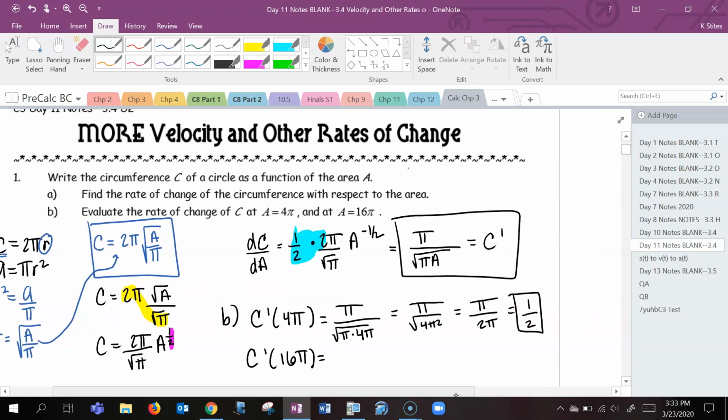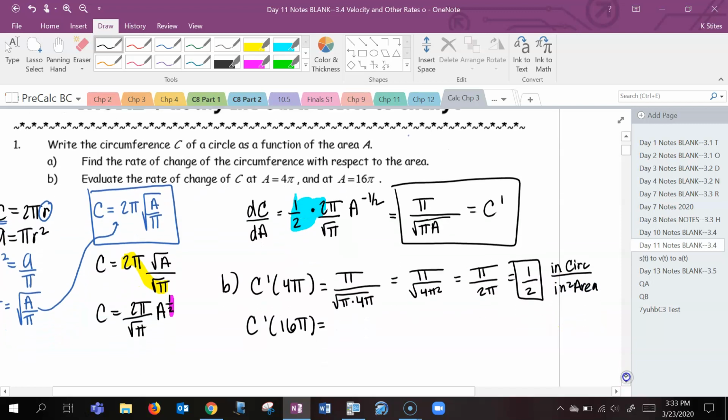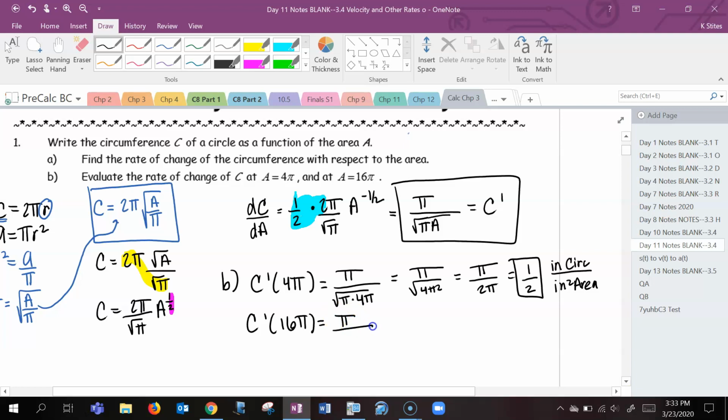We weren't given units, so it would be inches of circumference over inches squared of area. And then for 16 pi, we'll do the same thing and plug that in.